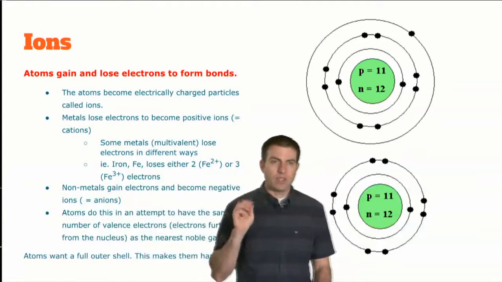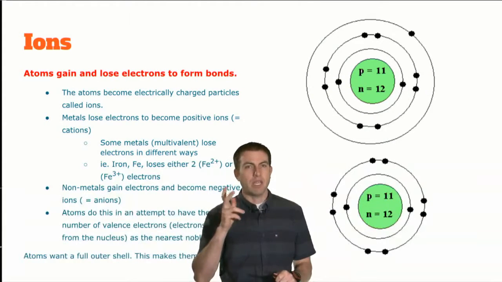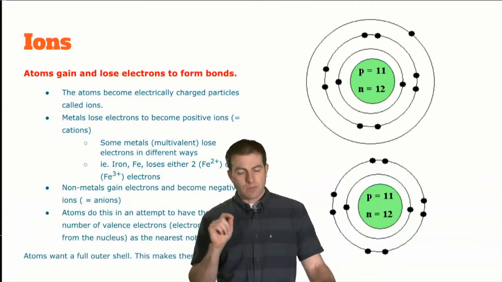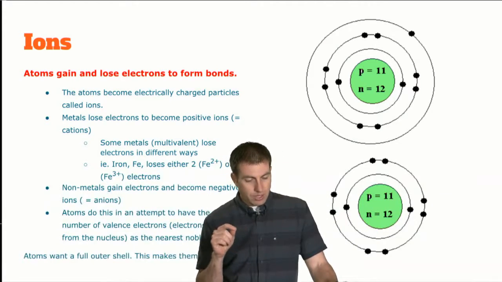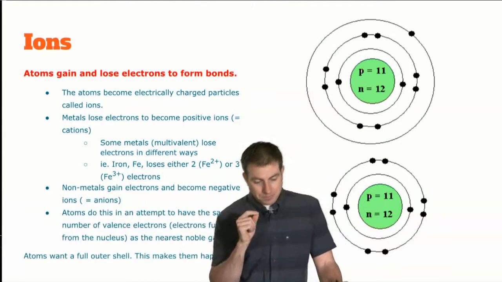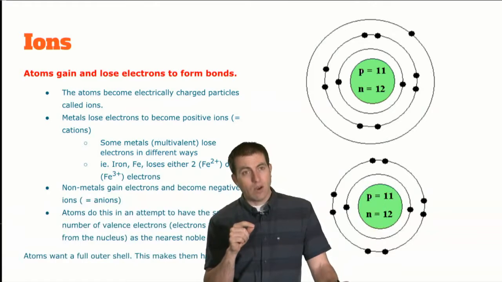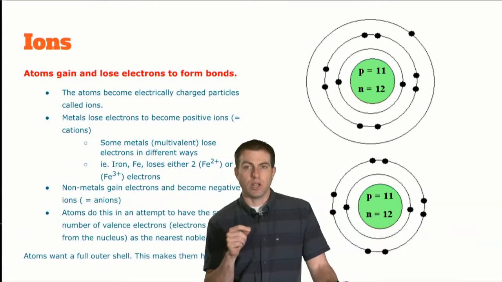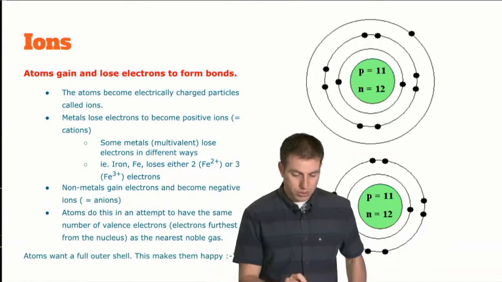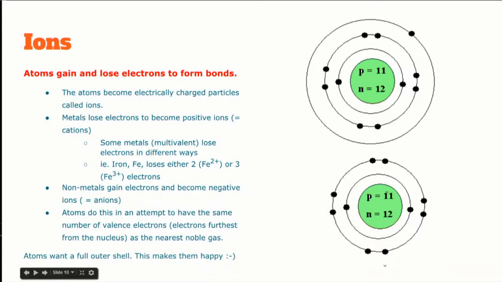So this is kind of the tricky part that maybe might not make a ton of sense in your brain. Now, the sodium right next to me here doesn't have the same number of protons as it does electrons. The protons are 11, but now the electrons are only 10.